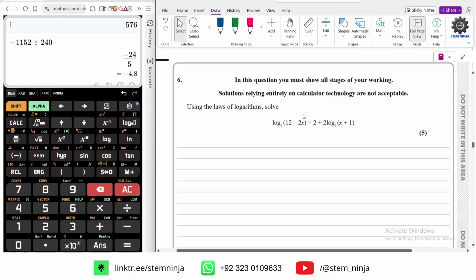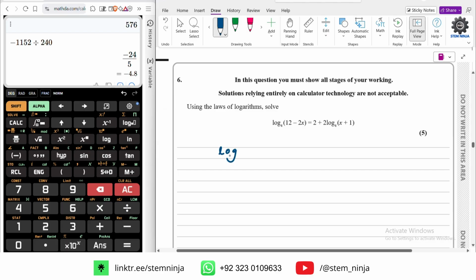Question number 6. Using the laws of logarithm, solve log base 4 of (12 minus 2x) plus 2 log base 4 of (x plus 1). Okay, so multiple ways to solve this. The easy way is to bring all the log terms on one side and then reverse the log.